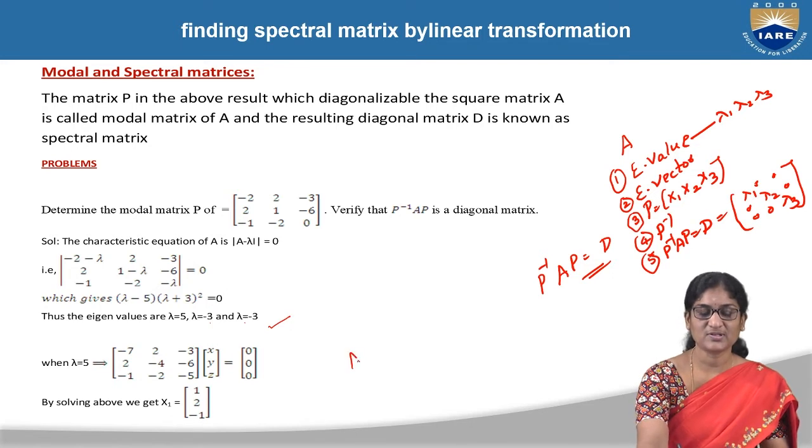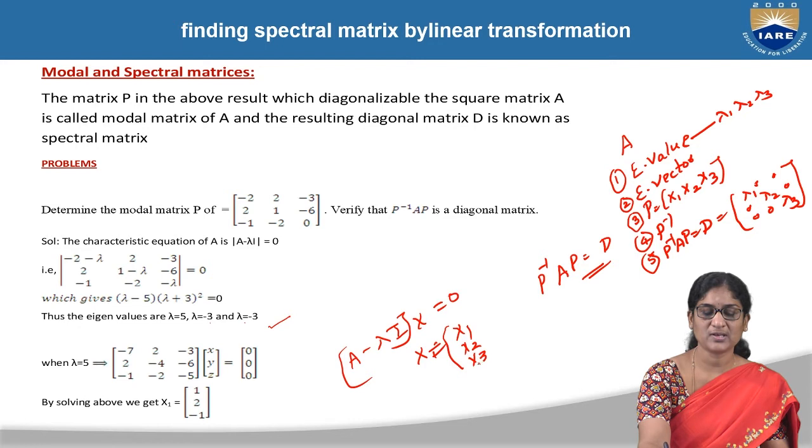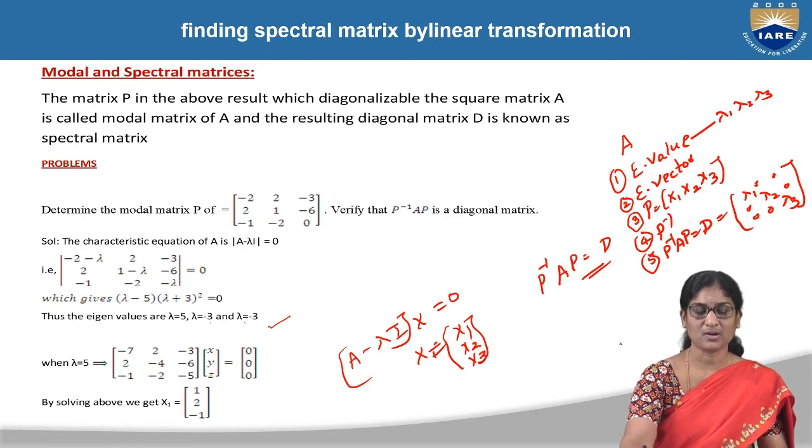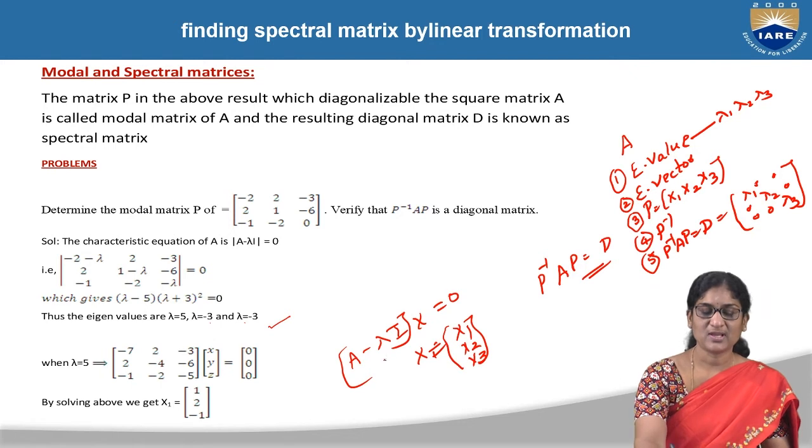We have to substitute lambda is equal to 5 in (A minus lambda I) into X is equal to 0, where X is the column matrix of x1, x2, x3, the three unknown values which we need to find. Wherever lambda is there, I have substituted 5.